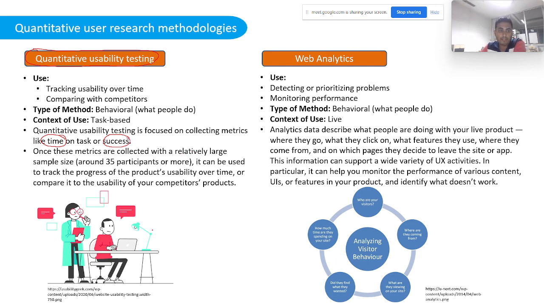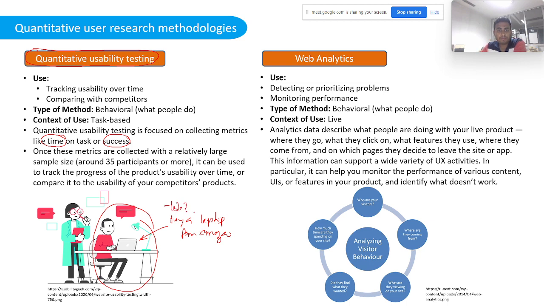For example, if we ask a user to perform a particular activity, such as buying a laptop from Amazon, that's a particular task.